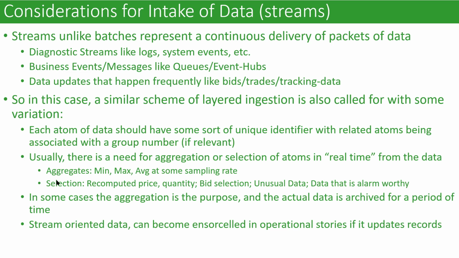Or anything else about your domain that is an unhappy path. We call that being alarm worthy, e.g. you should be alarmed. Sometimes aggregation is the purpose of the whole stream, and the actual data is archived almost immediately. But sometimes the data can be ensorcelled into operational stores if it updates or affects other records.